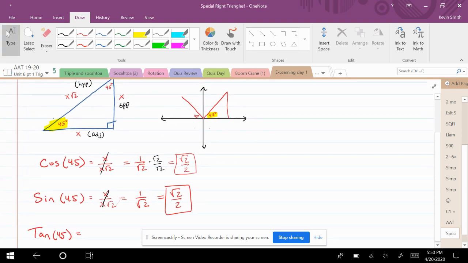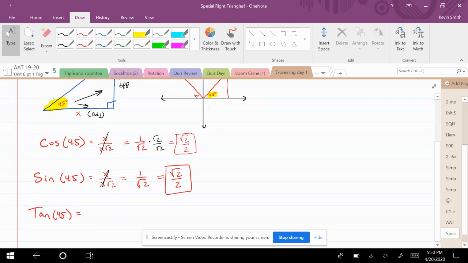And then finally, the last problem is the tangent of 45, which would be opposite over adjacent, x over x, which of course is just 1.